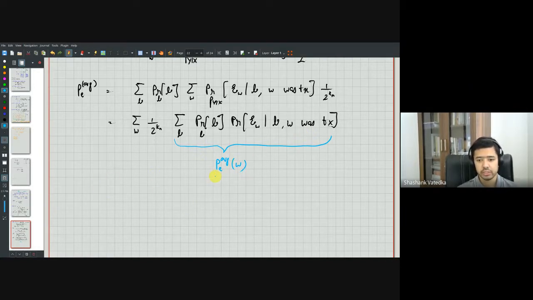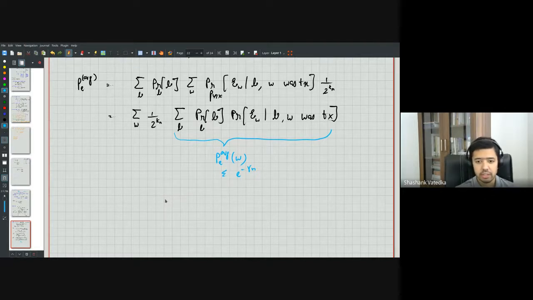And if this quantity is less than or equal to 2 to the minus, or whatever, e to the minus gamma times n, then this overall probability of error is also less than or equal to e to the minus gamma times n.